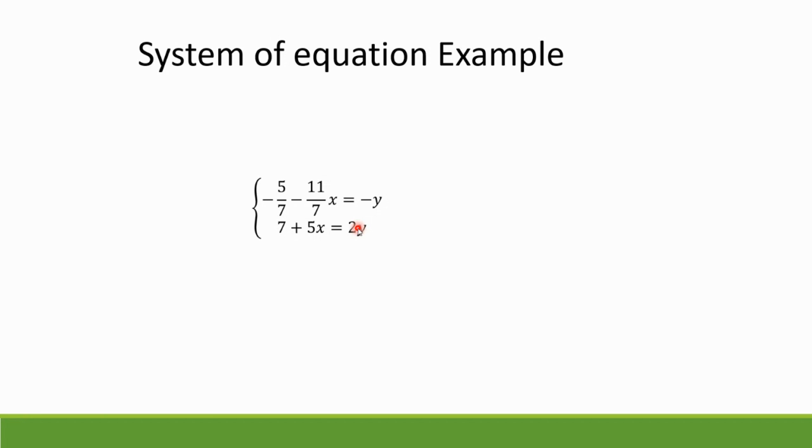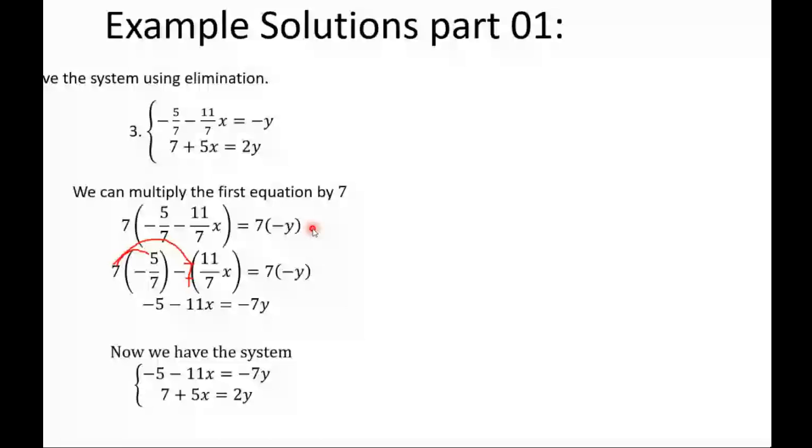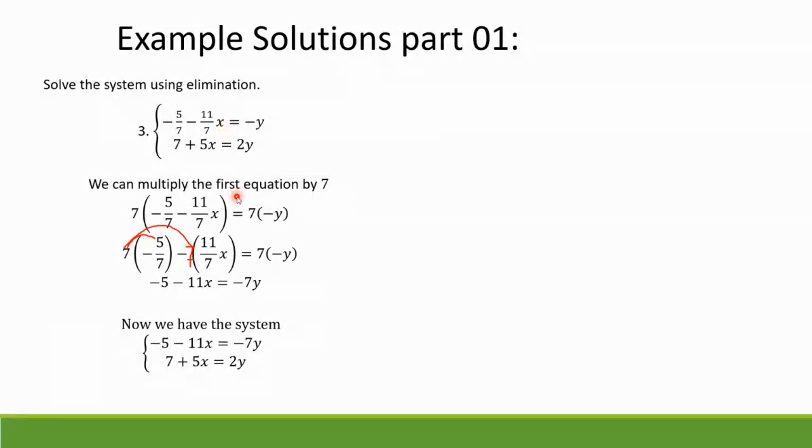It's the same idea here, except the denominators are the same, so you just multiply by that denominator. And that's what I'm doing here. So I multiply both sides by 7.